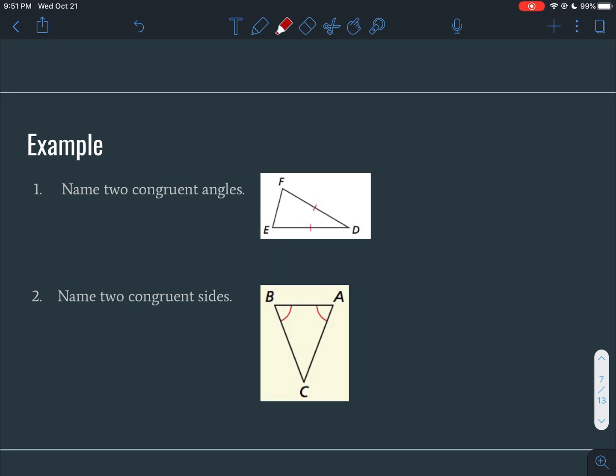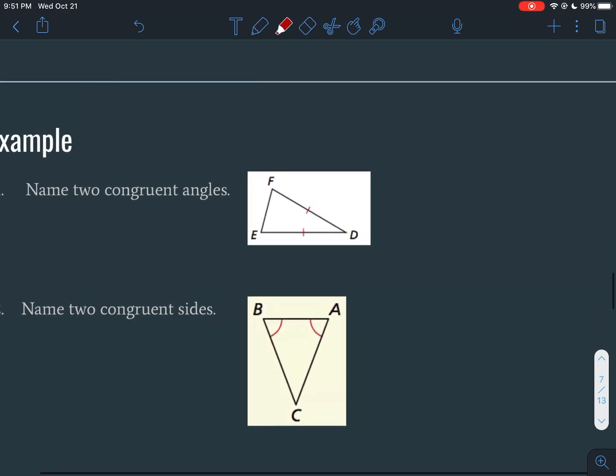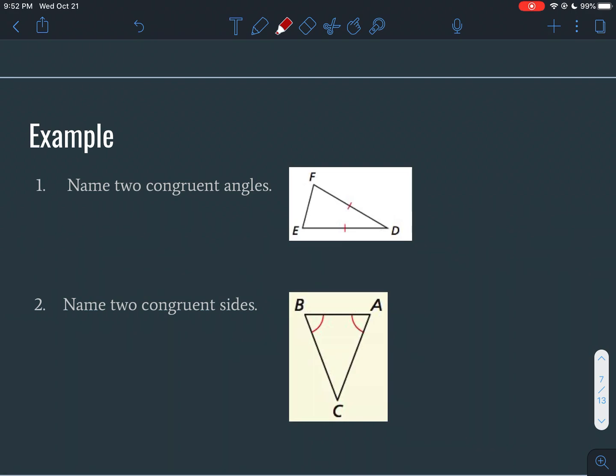So for example, on number 1, it asks you to name two congruent angles. Okay, so the base angles are congruent. So angle E is congruent to angle F. And then on number 2, the legs are congruent, so BC and AC. Right?